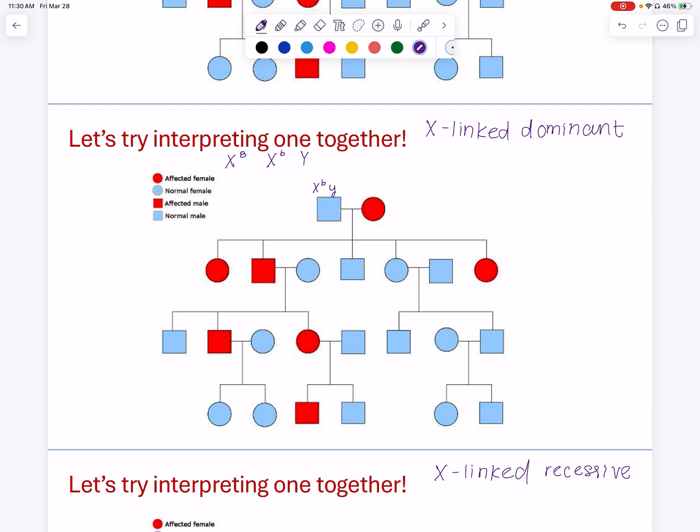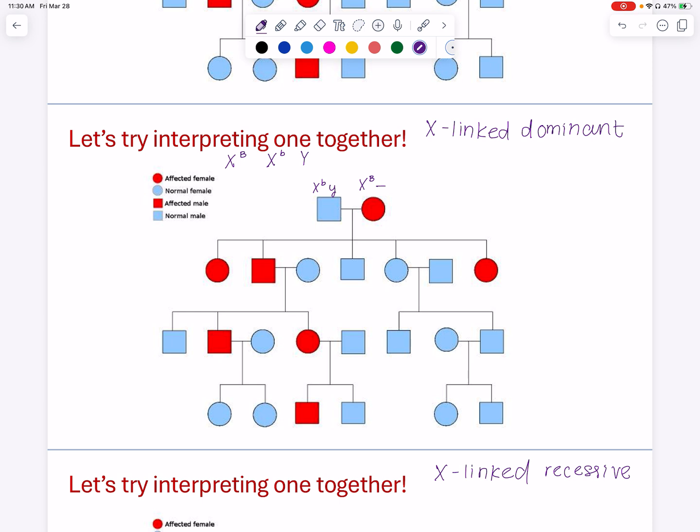And now for the mom, we actually don't know if this mom is going to be heterozygous or homozygous. And so what we are going to write, for now at the very least, is X big B, because we know she has the trait, and then a dash, meaning that we don't know what the other chromosome looks like.